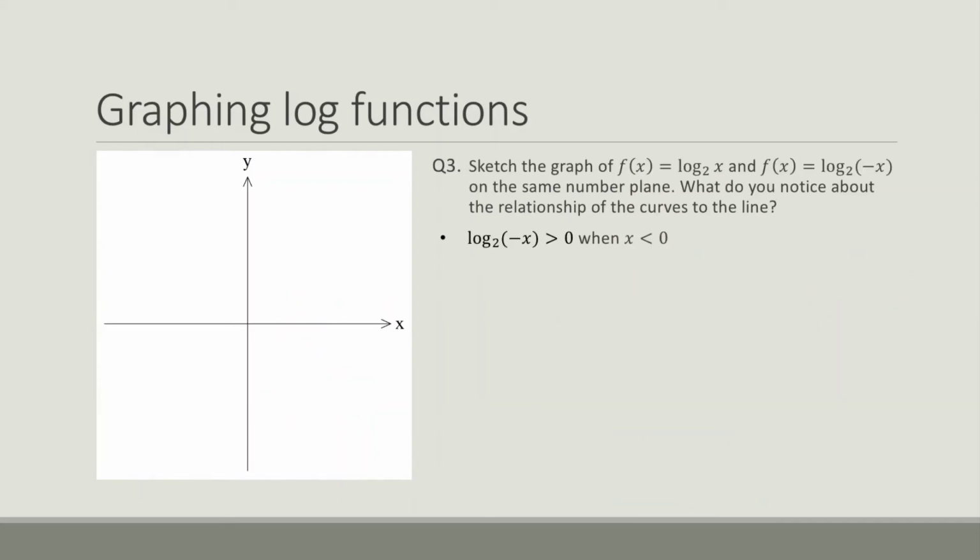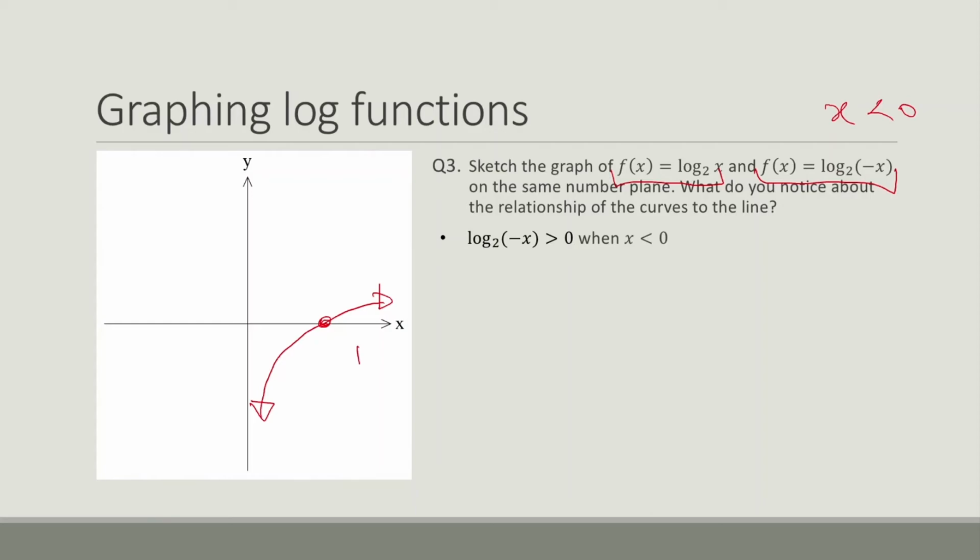Now let's do question 3. So we're going to draw two graphs. The first one, we know what it looks like. Now the second one, it's -x. What that means is that whatever's in the bracket has to be positive, so x has to be less than 0.